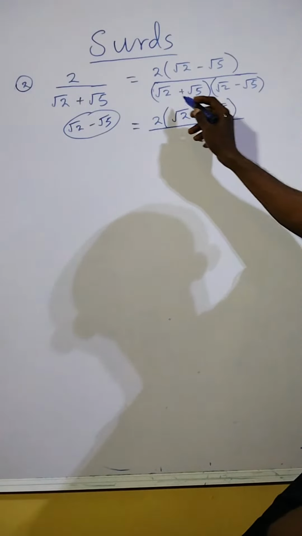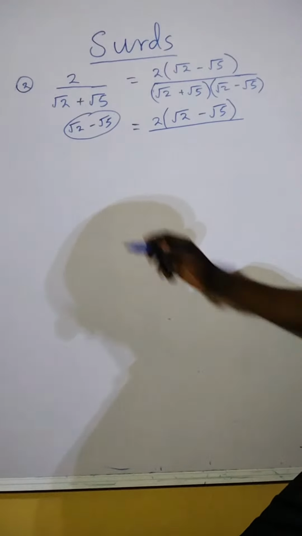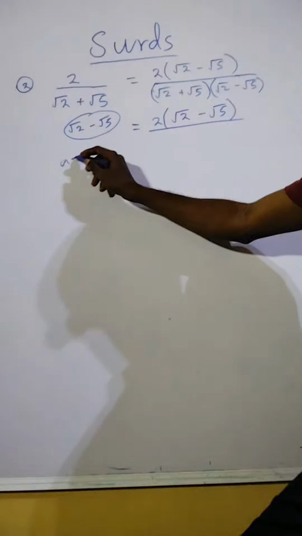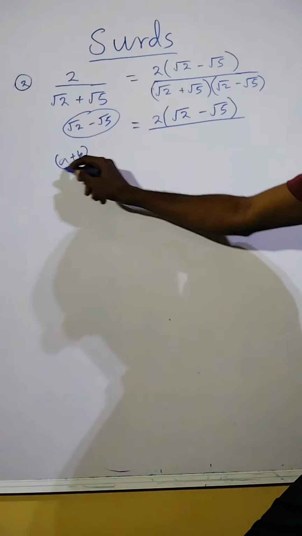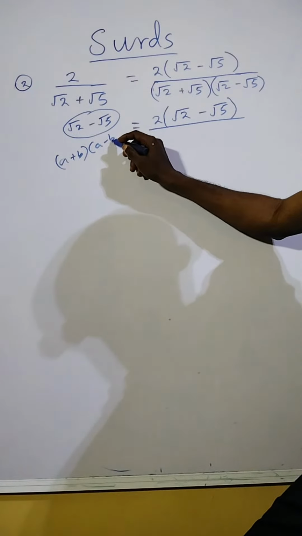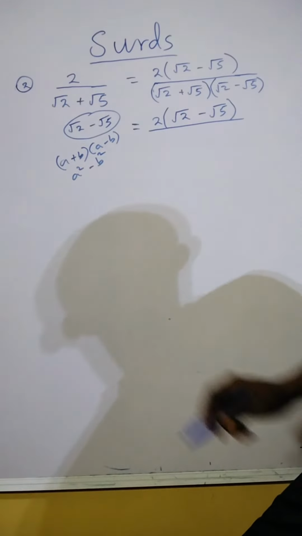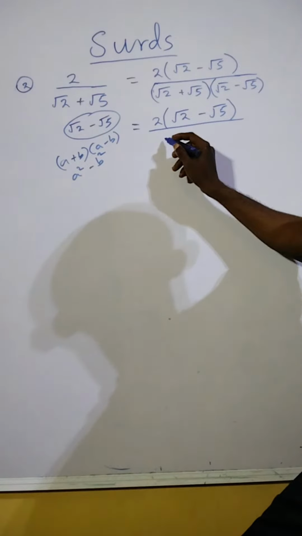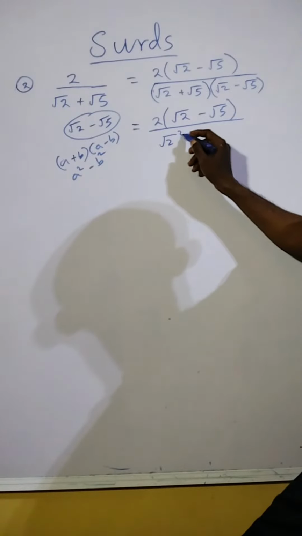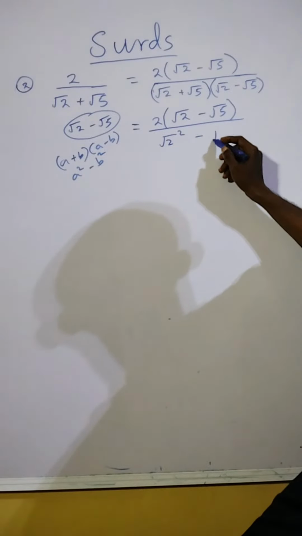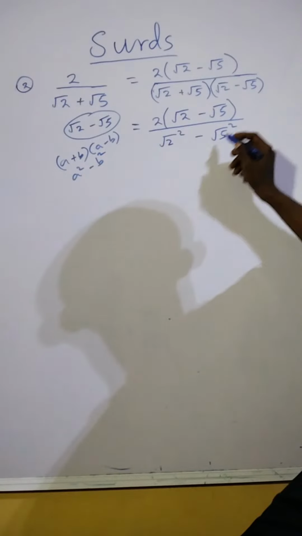Then all over. These are also conjugate surds. It follows that when we have a plus b into brackets, open bracket a minus b, we can write it as a square minus b square. Here a is root 2, so we have root 2 square, then minus b, which is root 5, that's root 5 square.